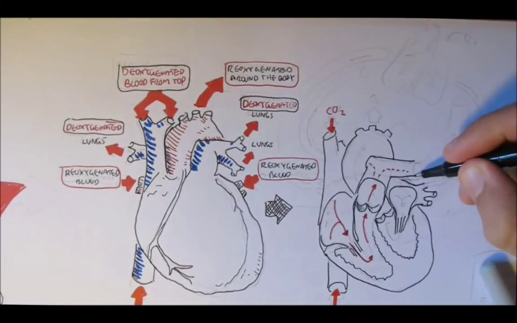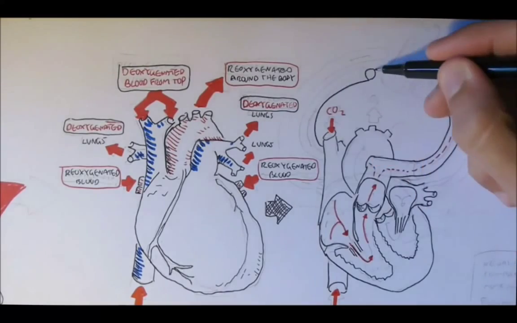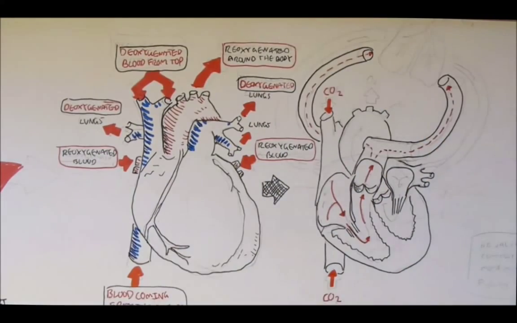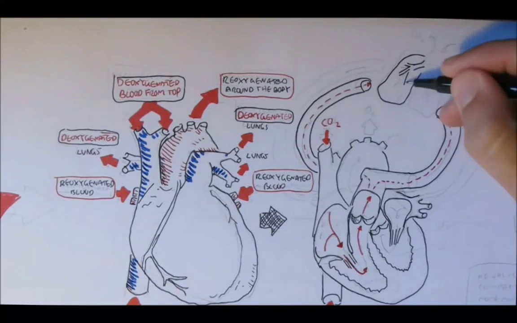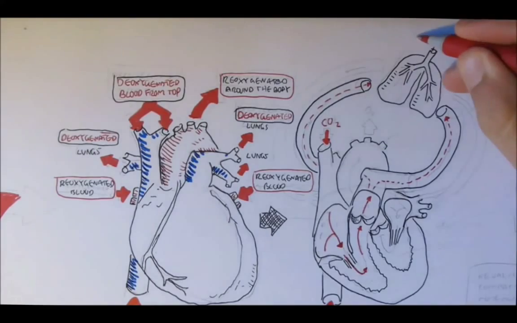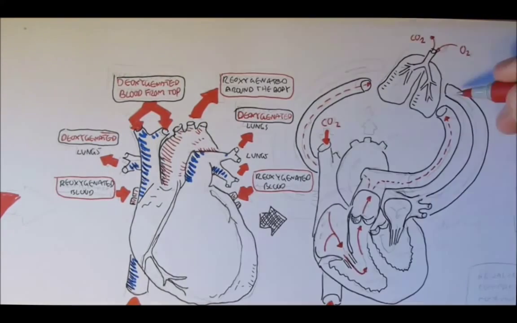This deoxygenated blood, still full of CO2, will go towards the lungs, and in the lungs we will typically inhale oxygen and exhale CO2. So we will exhale CO2 and we will inhale oxygen to replenish the low oxygen supply in our blood.